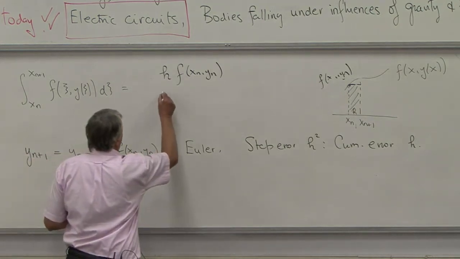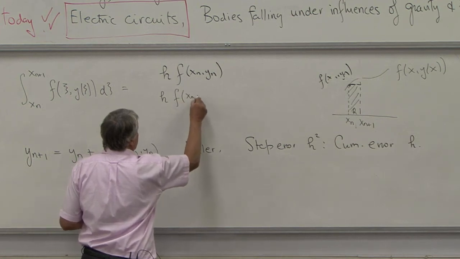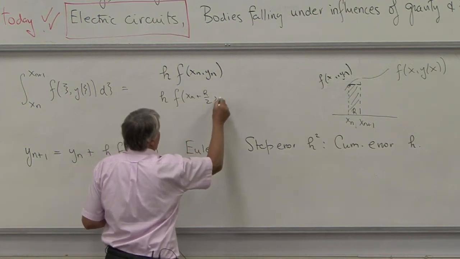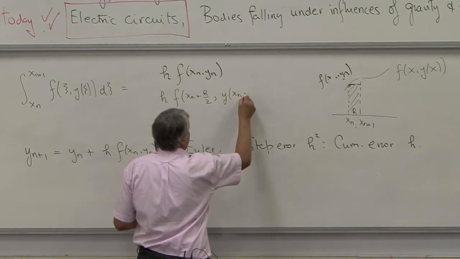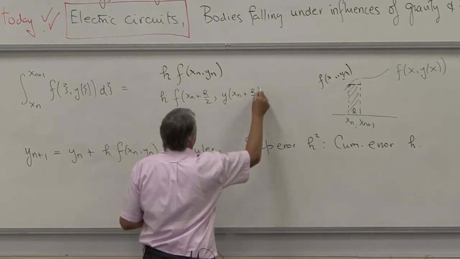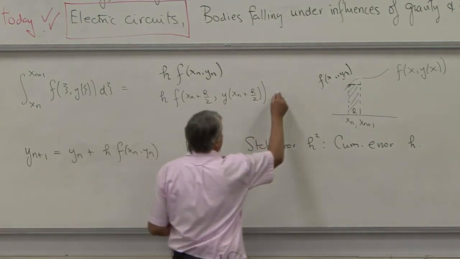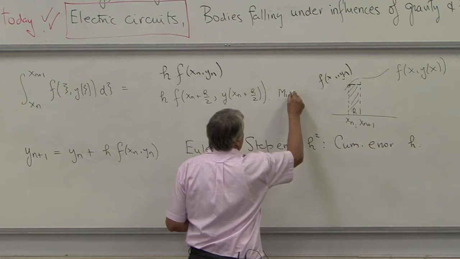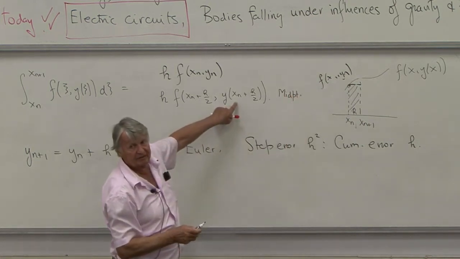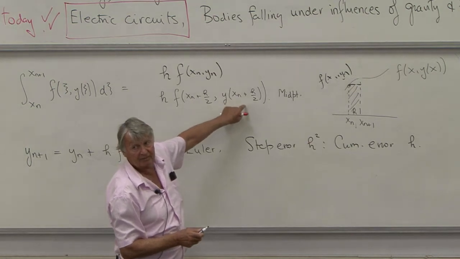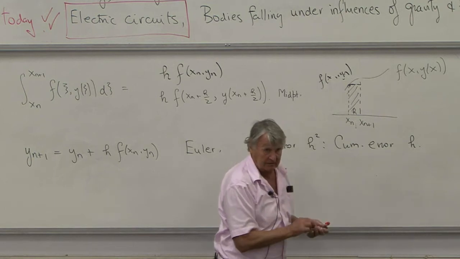And that would say h times f at xn plus h over 2, and then y at xn plus h over 2. Okay, this is called the midpoint. Now the trouble is, of course, we don't have this. We'd have to have an algorithm for the midpoint y. But it's a good idea.